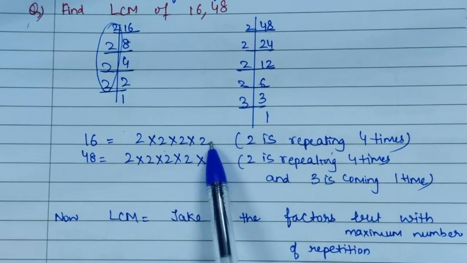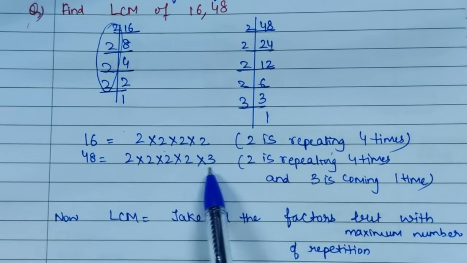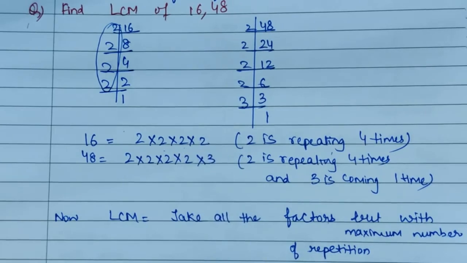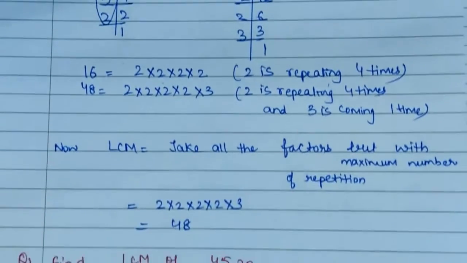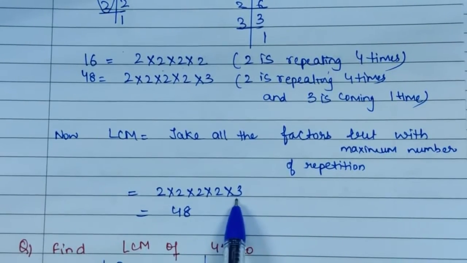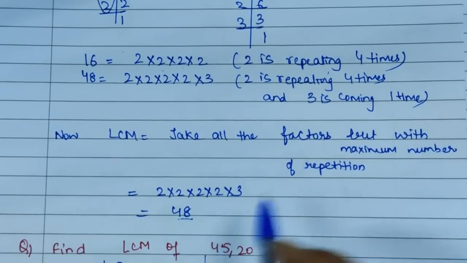Suppose 2 is coming 3 times here and 4 times there, then we will take it 4 times because we have to take the maximum times of repetition. Then 3, there is no 3 here but we have to take all the factors, so we will take 3 only 1 time. Clear? Now we have written 2 four times and 3 one time. So on multiplying we will get the LCM, that is 48.